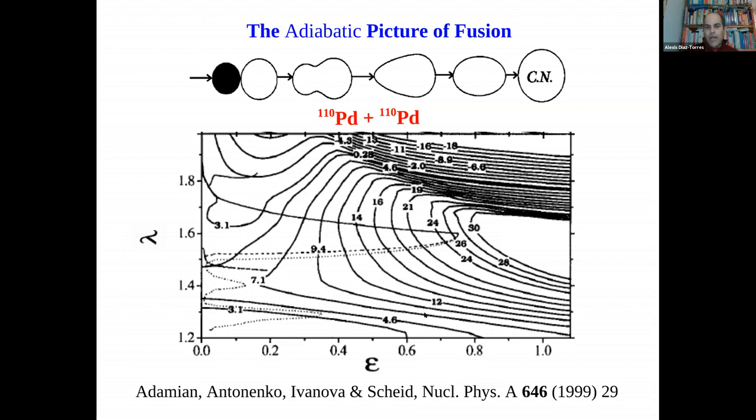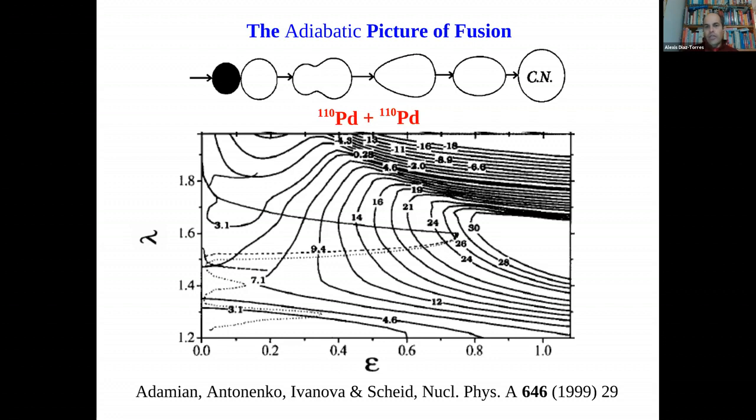So in this calculation, which is published in this paper, the authors solved classical Newton equations using irrotational mass parameters, which is a mass tensor, for the kinetic energy of this motion, and they also use friction.